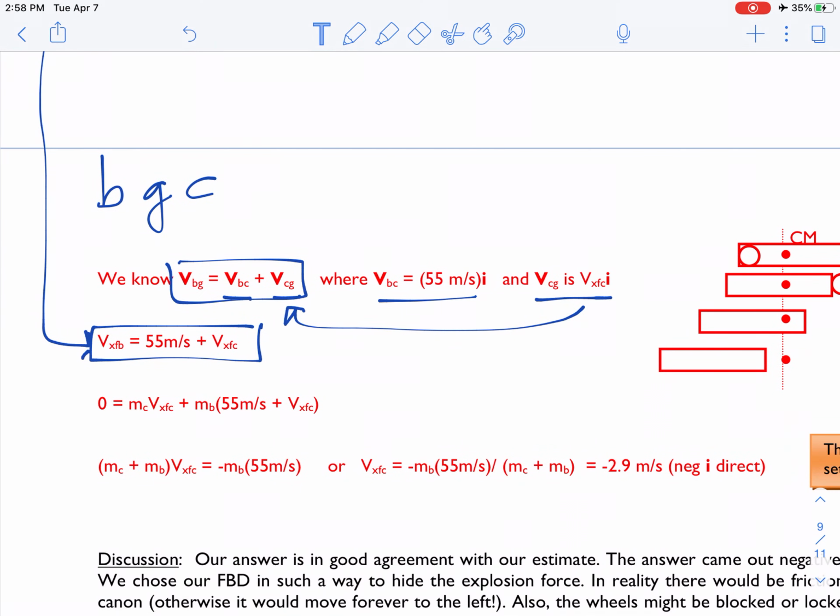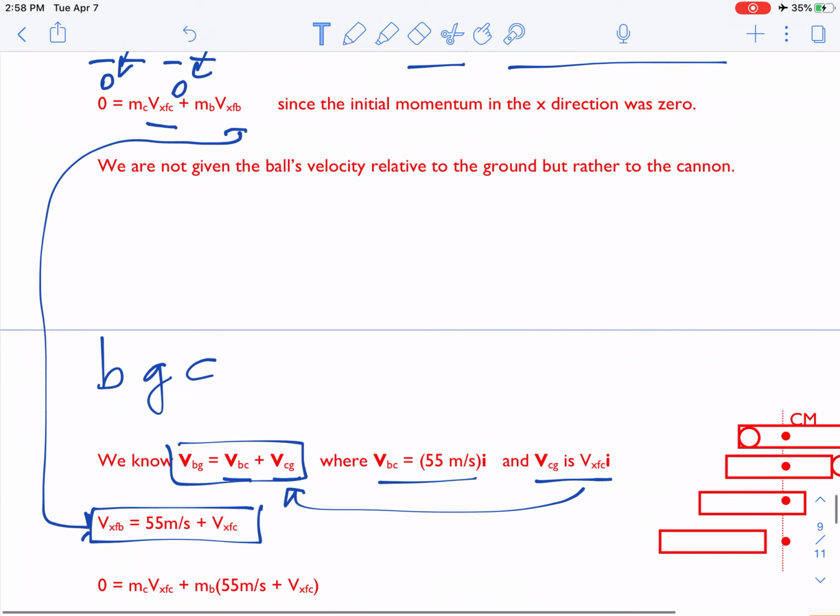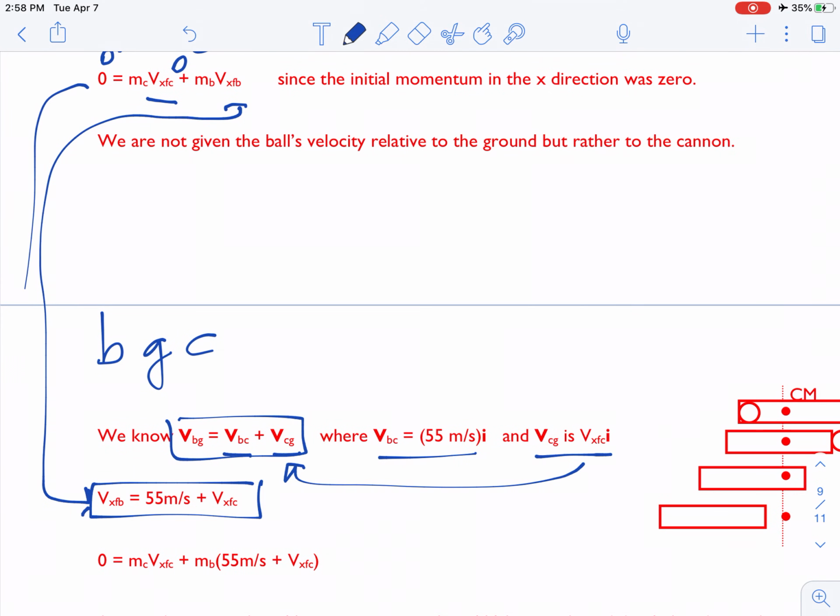And this is what we're going to plug into the equation we got from the second law right up here. Again, this equation here: 0 equals MC VXFC, plus what the velocity of the ball for the final case along the x direction is. So we just substitute this term here, and that's the mass of the ball.